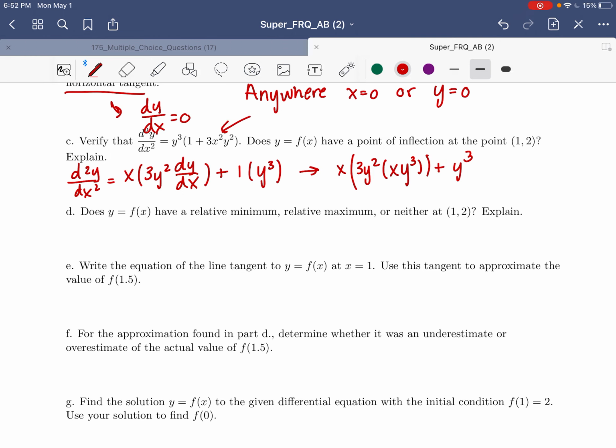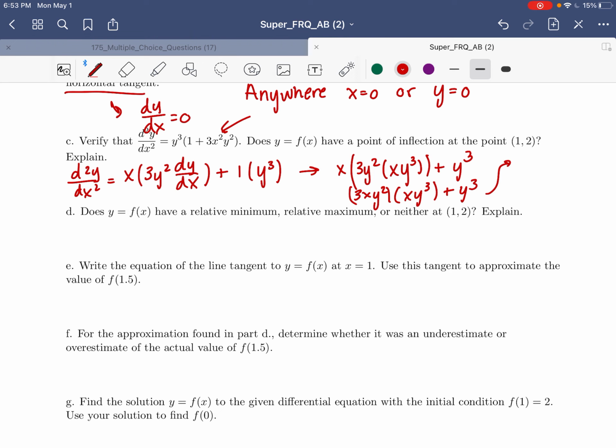And then I want this to match what it does up here. So I'm going to go ahead and simplify this. This is going to become 3xy squared times xy cubed plus y cubed.